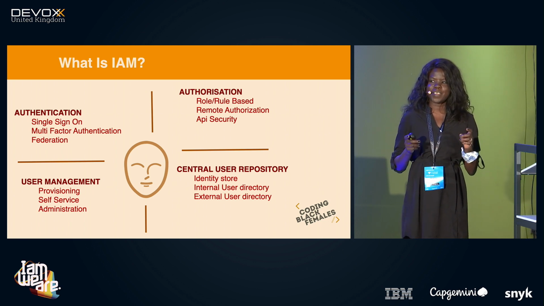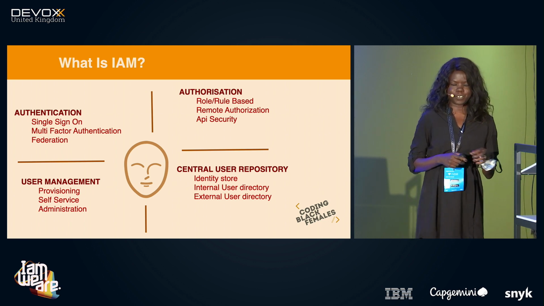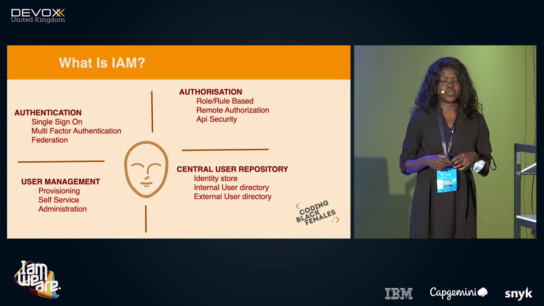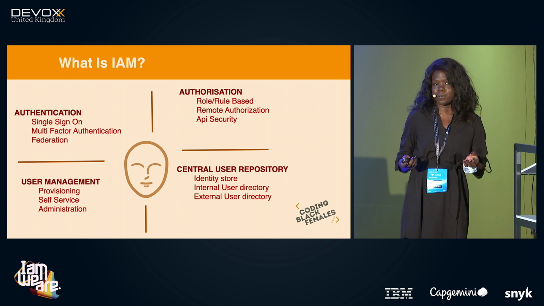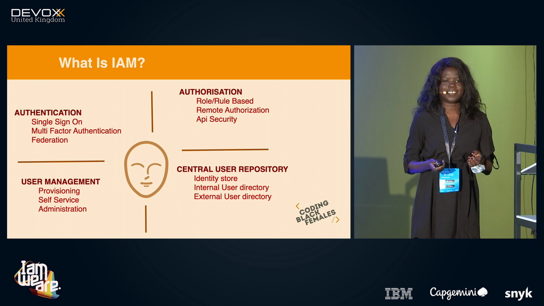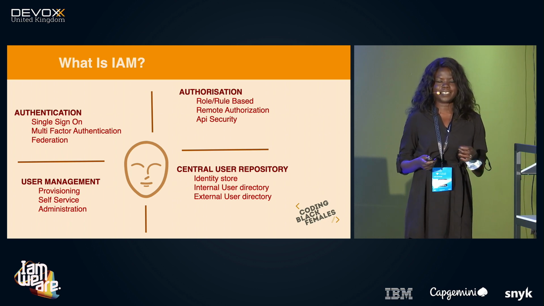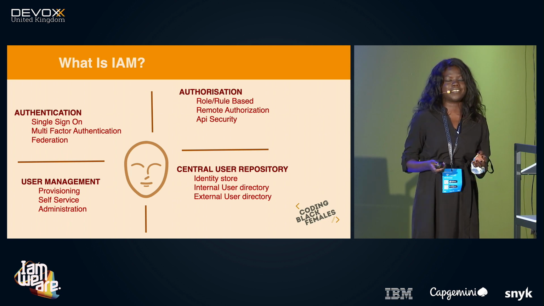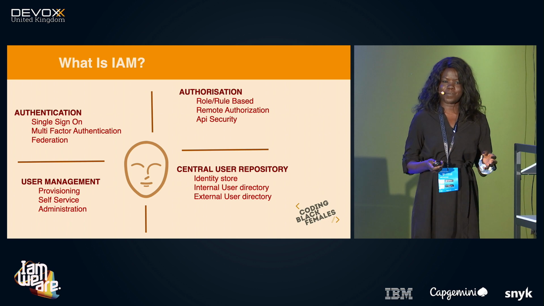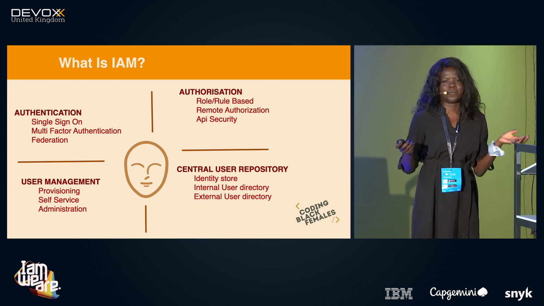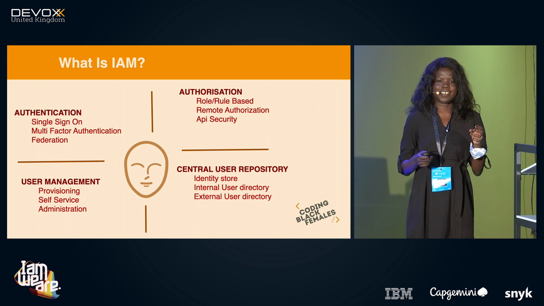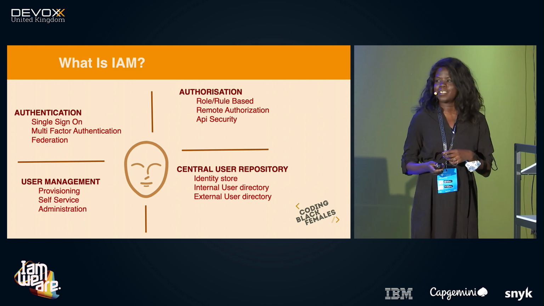But if you get all of that in place, it gives you a range of capabilities. You will hopefully get things like zero access management. You'll be able to audit and see exactly who has seen what. You will be able to set up multi-factor authentication, which I think we probably all use now at work, where you enter your credentials and then a code is sent to your phone.